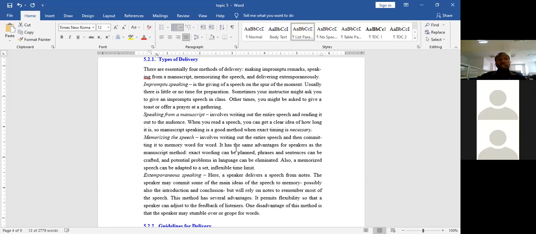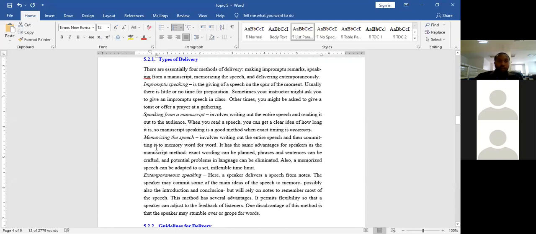She's just reading for the sake of reading, and then she's done with it, and goes and does something else. So speaking from a manuscript is not the best way. Because when you look at somebody reading from a manuscript, you can say that this person is not serious. But when somebody is talking to you, not reading from a manuscript, you can say that this person is sure of what he's saying.